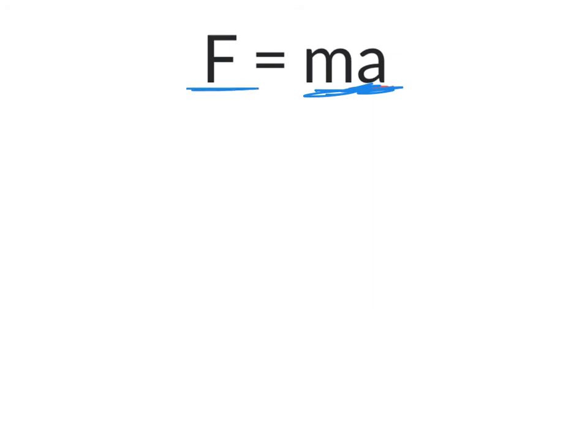I'm going to avoid units for now just to keep it simple. But let's say that I know to get this airplane in the air, I need an acceleration of 100. I don't know how big it is, but I know that a force of 300 will get it up in the air.